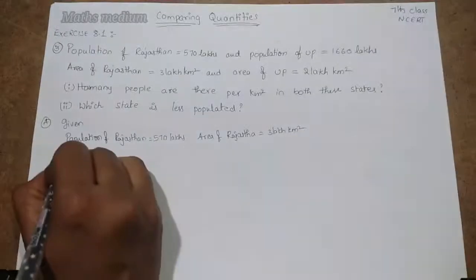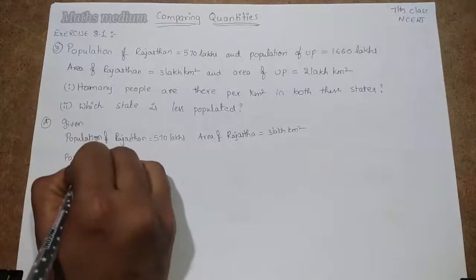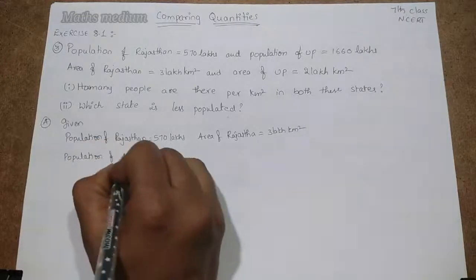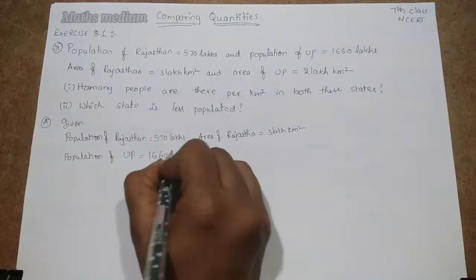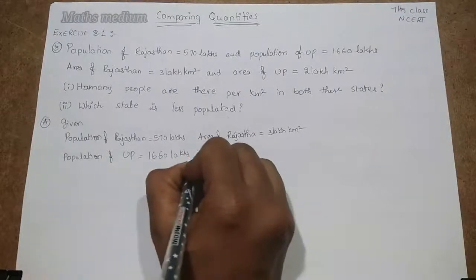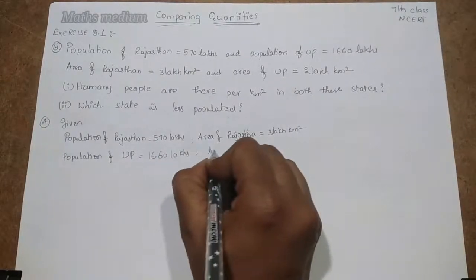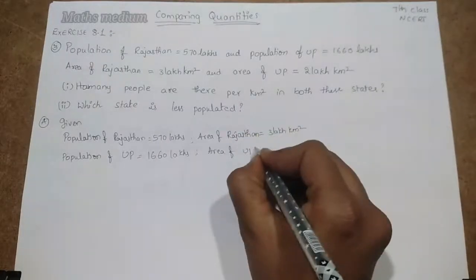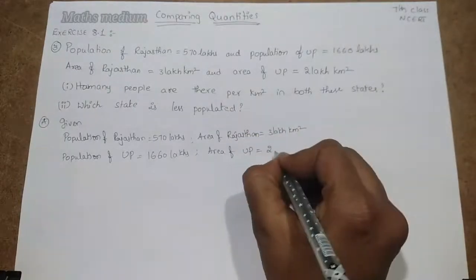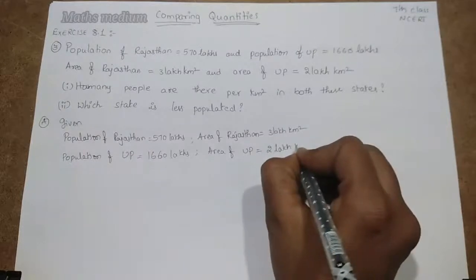Similarly, population of UP is 1660 lakhs, and area of UP is 2 lakh kilometer square.